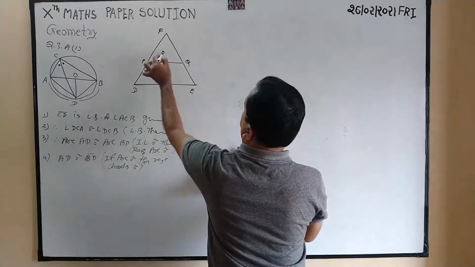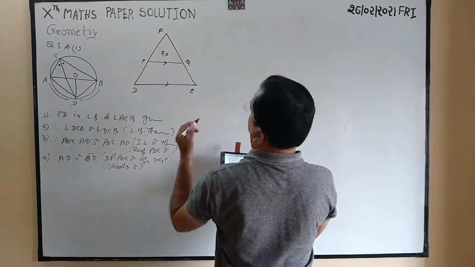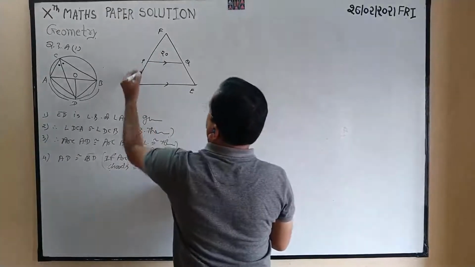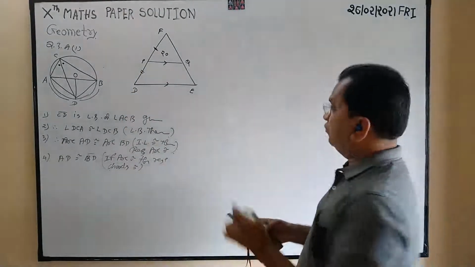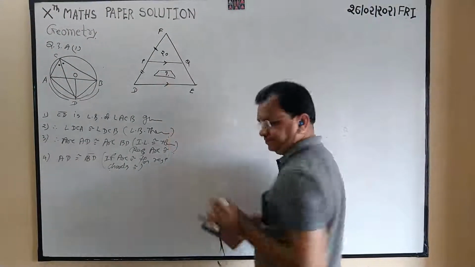Upper part is 20 units. PF is double, means these two are equal. Find this, only this area.